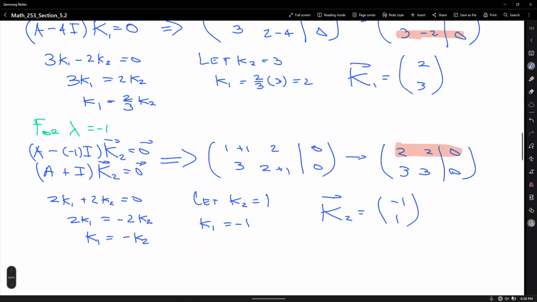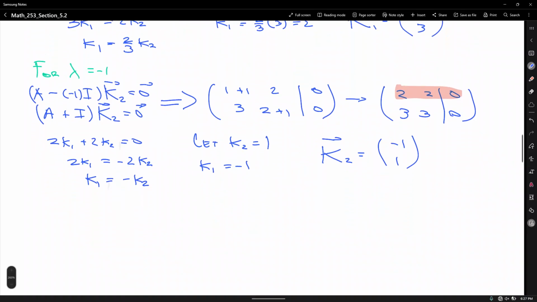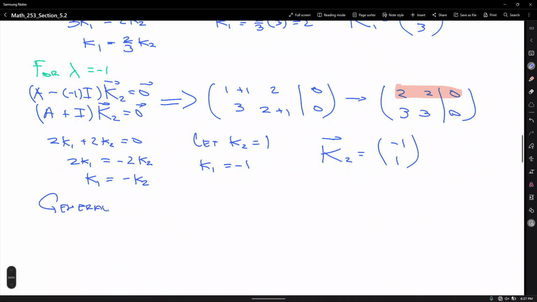And we have to write our solution. I'm just going to write the vector notation because I need to substitute the initial condition. So the general solution will be C1 K1 e to the lambda 1 t plus C2 K2 e to the lambda 2 t.